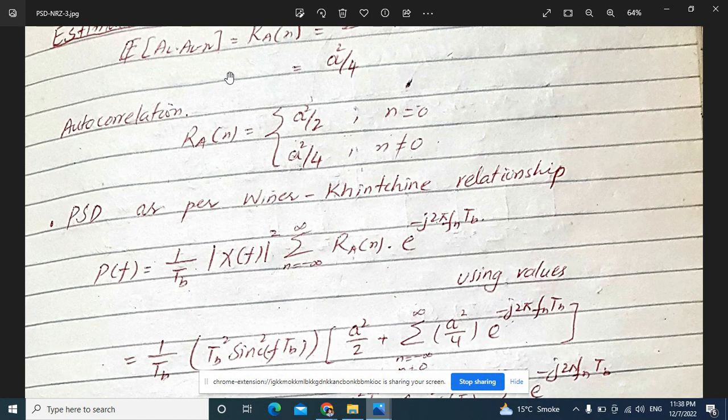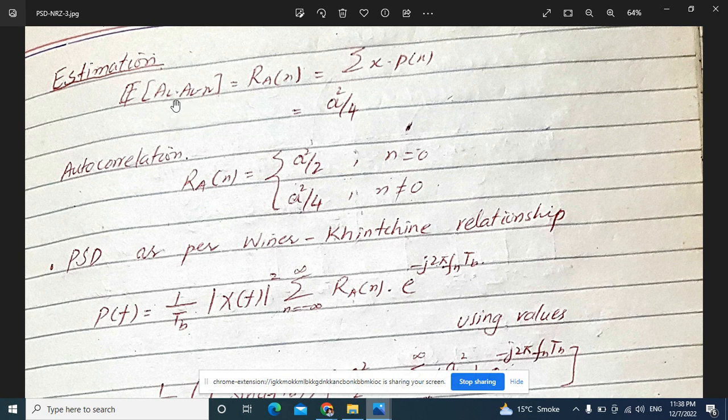So the estimation of AL multiplied by AL minus n, the shifted version, or the autocorrelation when n is not equal to 0, is the summation of x square multiplied by the probability of x.